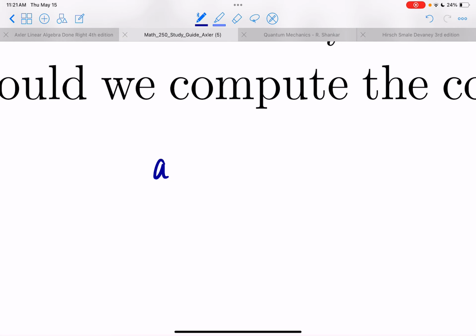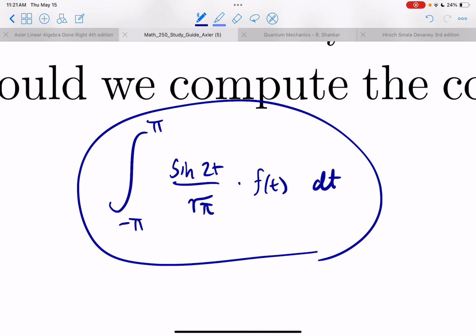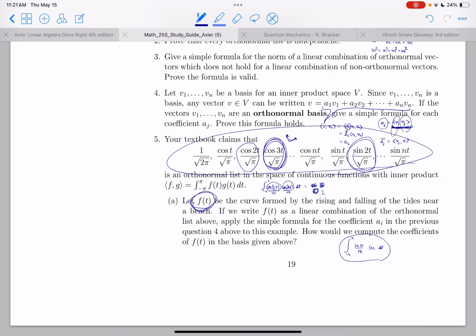So the coefficient of sine of 2t over root pi of that orthonormal basis vector is just you multiply by f of t and integrate dt from negative pi to pi. Okay, and then out pops the coefficient that you would use to represent this as a linear combination of cosines and sines.